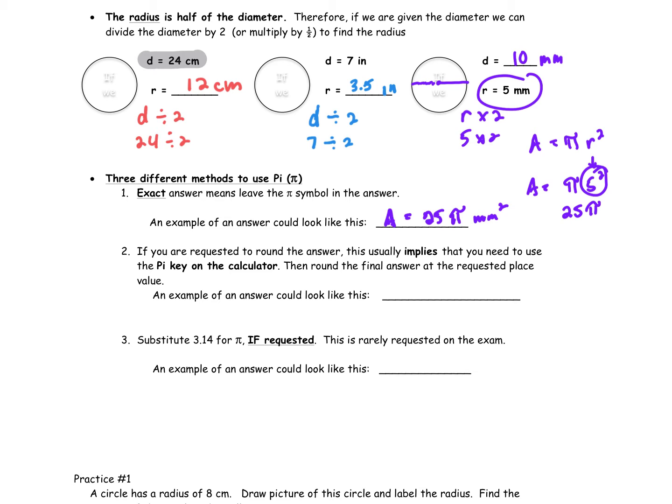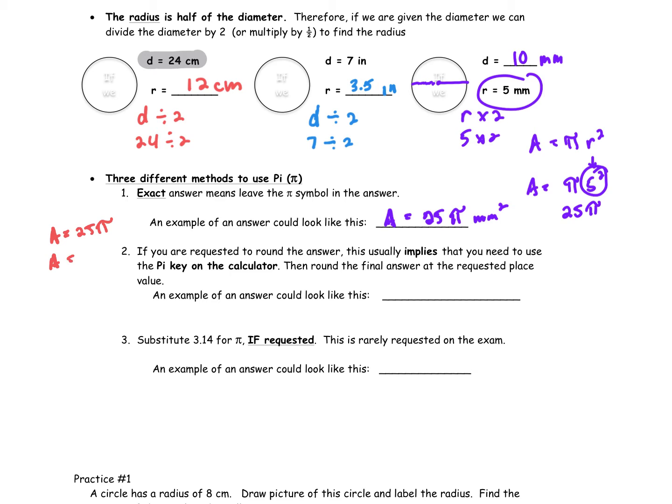So if we're to look at what an answer looks like, let's start where we left off. When we left the pi symbol in, we had area equals 25 pi. And if they say round to the nearest whatever, let's make it tenth, then I would press the pi key.